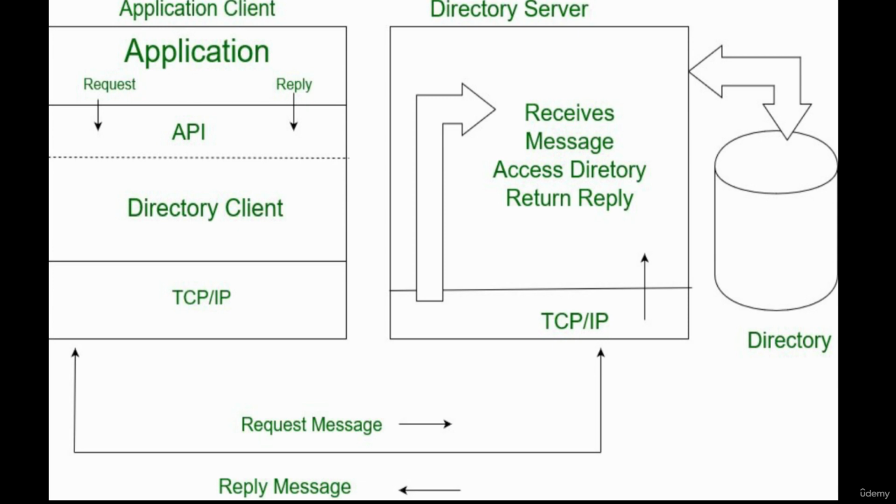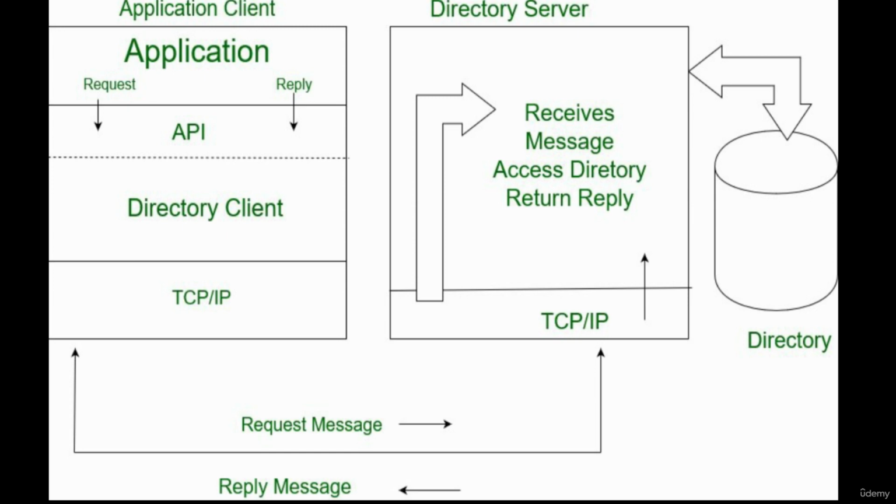So this is how the LDAP directory works. Pass the username and password; the API and REST API service connect both the username and the LDAP directory. So here is the application, client, and directory server, and how it works.